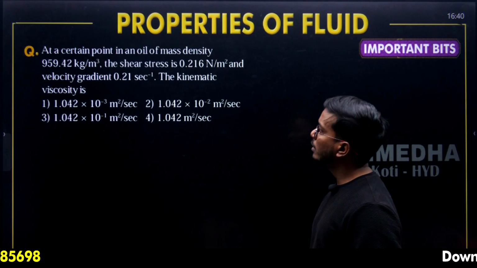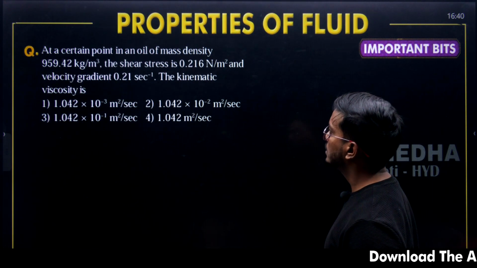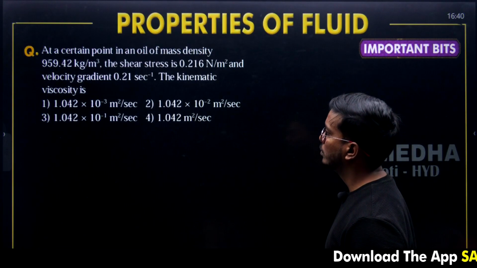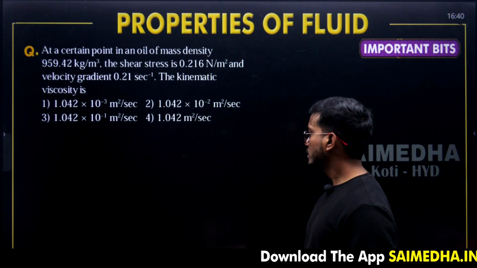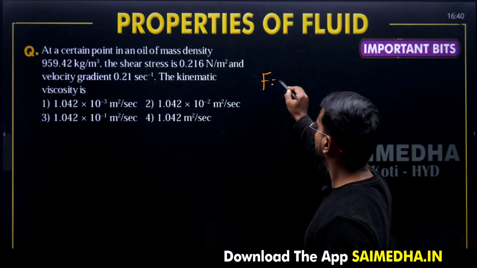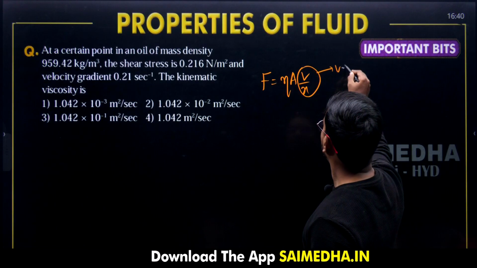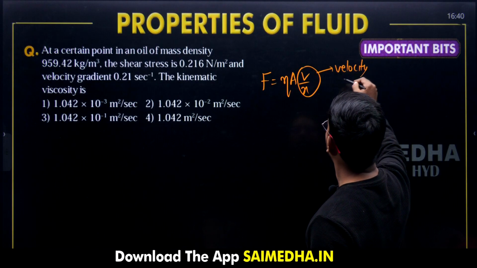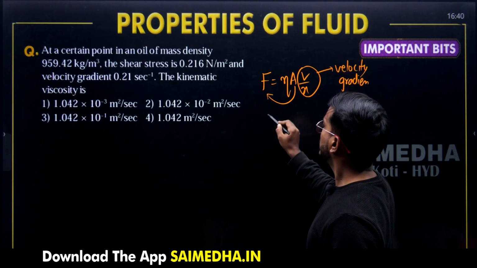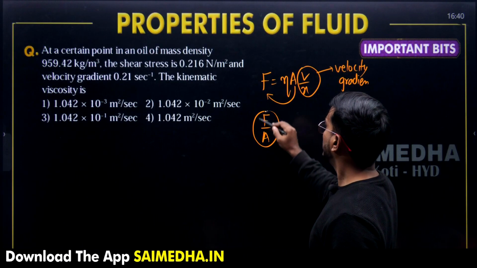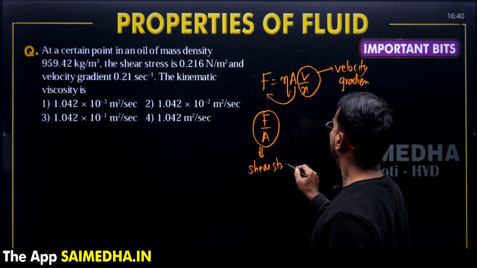At a certain point in an oil, mass density is 959, shear stress is 0.216, velocity gradient is 0.21 per second. Kinematic viscosity is, okay. First of all, let's write the formula for F. F is equals to eta into A into V divided by X. This V by X is called as what? Velocity gradient. A is going to the left hand side. This F by A is called as shear stress.